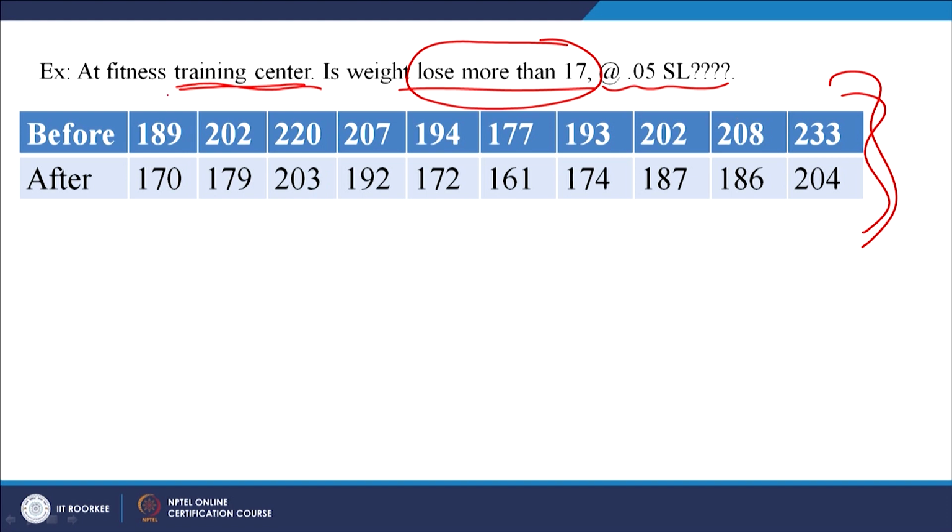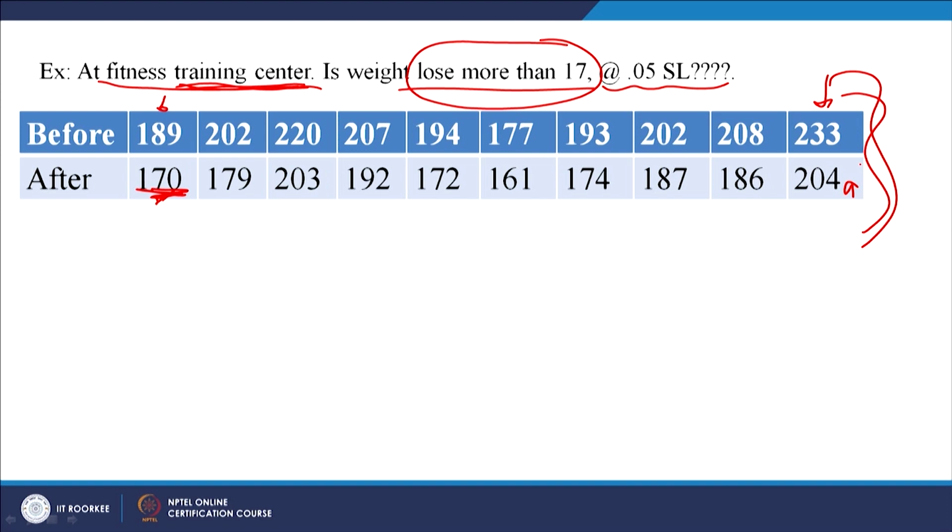Let us say there is one fellow whose weight was 189 pounds, and after attending a few classes at the fitness training center, the weight is 170 pounds, and so on. So, 233 to 204. Now, we have to check: is weight loss more than 17 pounds?